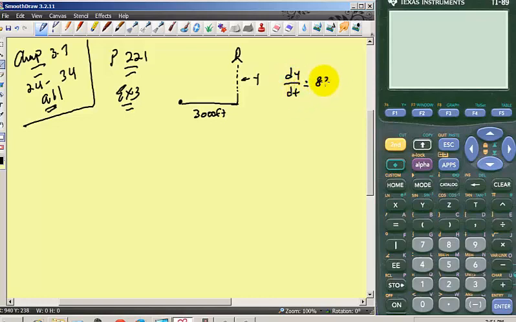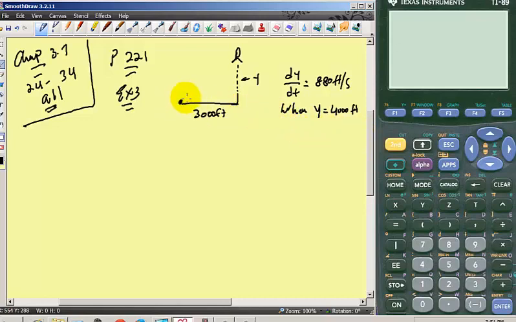It's going to be 880 feet per second. When it is 4,000 feet above the launch pad, so that says when y is equal to 4,000 feet. How fast must the camera elevation angle change at the instant to keep the camera aimed at the rocket?